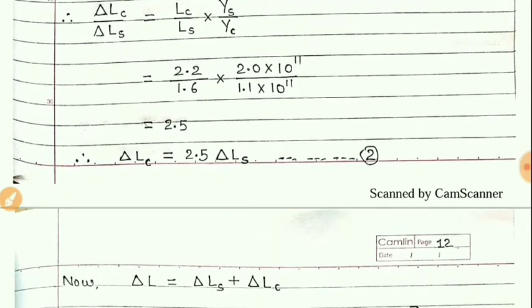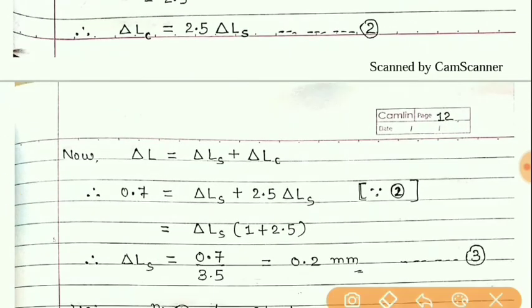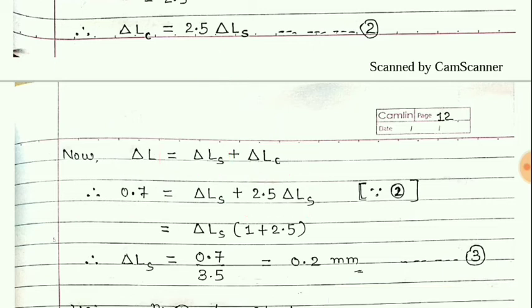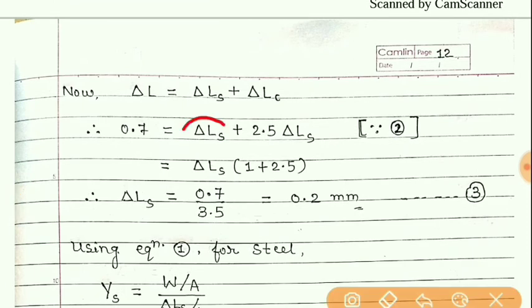Now students, the total change in the length, that is delta L, is equal to the change in the length of the steel wire plus the change in the length of the copper wire. But the total change in length is given as 0.7. And what is delta LC? It can be written as 2.5 delta LS. Delta LS is common on the right-hand side, so that is taken out.